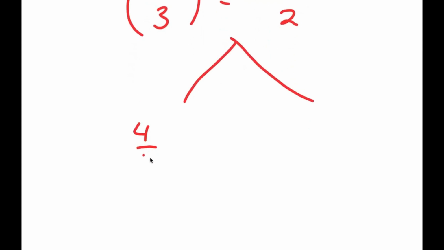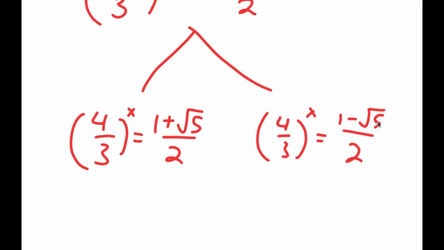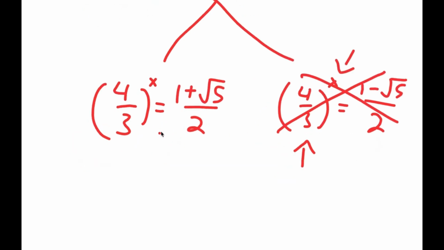I get 4 over 3 to the power of x is equal to 1 plus the square root of 5 over 2, and I get 4 over 3 to the power of x is equal to 1 minus the square root of 5 over 2. Now 1 minus the square root of 5, that's going to be a negative number. And notice how this is a positive number to some power. Well, you can't take the power of a positive number and make it equal negative, meaning there's no solution to this equation, and all that's left is this equation.